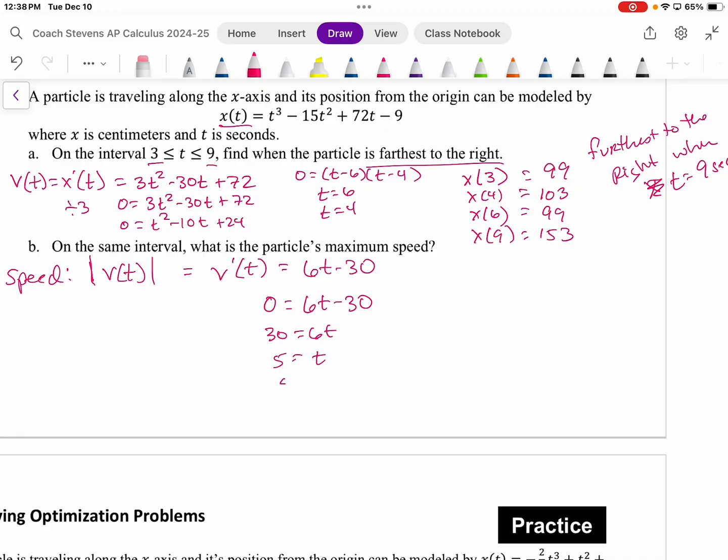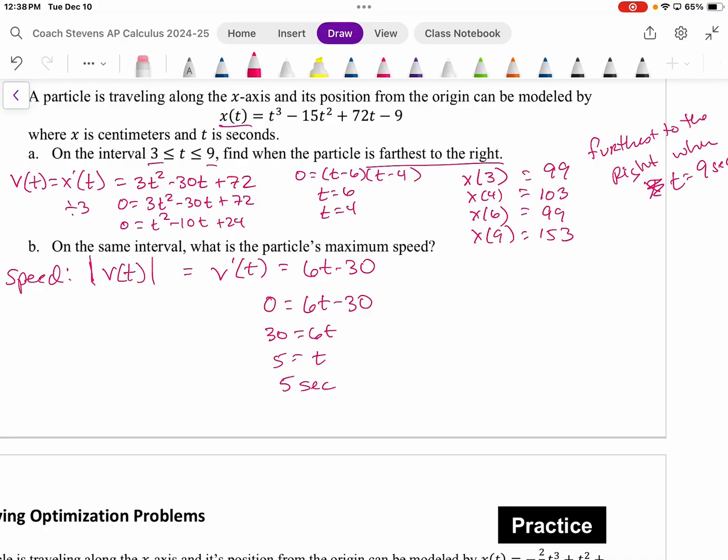So what does 5 seconds represent in the context of this problem? Jeffrey? Let's think about the derivative. If I take the derivative of velocity, I technically get acceleration.